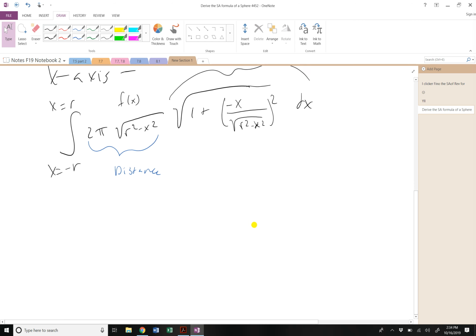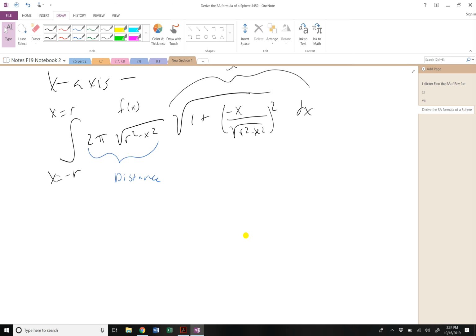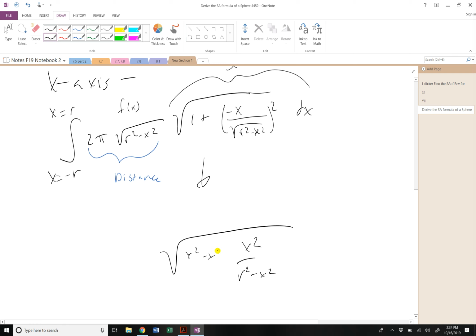This actually works a little nicer, I believe, when you start working it out, because when you get a common denominator over here, when you square that, you get x squared over r squared minus x squared, and so your 1 becomes r squared minus x squared over r squared minus x squared.